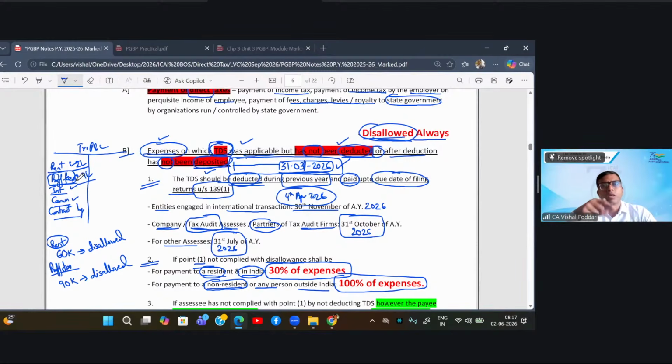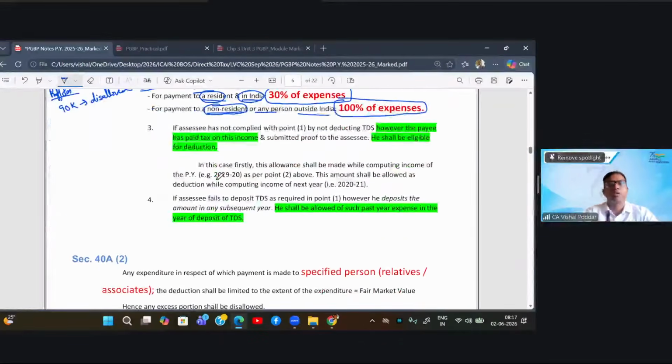Hence, you are supposed to deduct my tax. And if you fail to do that, I am disallowing your expense. This is the logic. This is the ideology of this particular section. Now, why is this ideology to be understood? So that now you will understand and appreciate what is given in green, right?